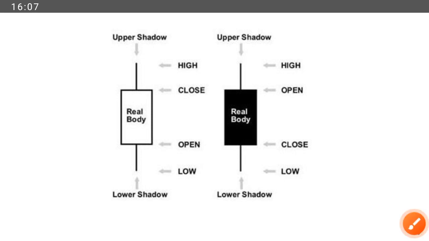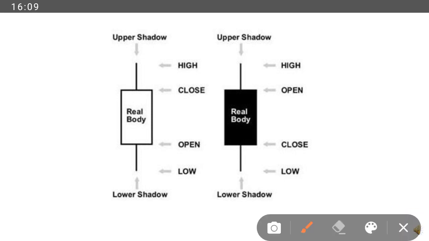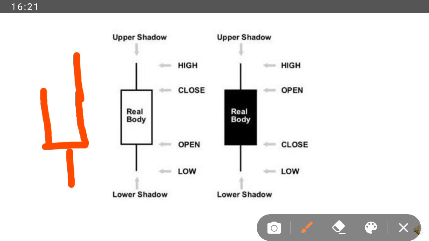Sorry. It opened here, went down, and started going up. Got to this very place and came down again.